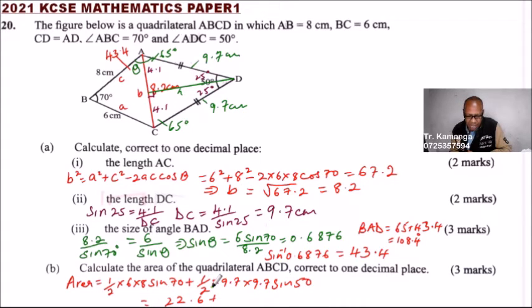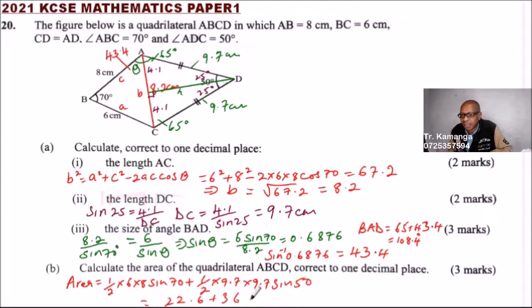And then we add 0.5 multiplied by 9.7 multiplied by 9.7, the sine of 50, and that is giving us 35.99. So to one decimal place, it is equal to 36.